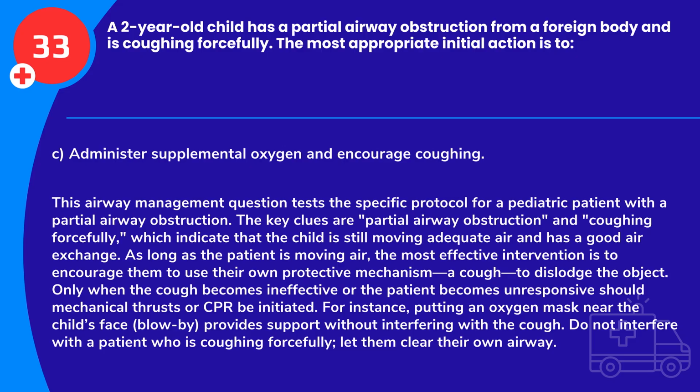As long as the patient is moving air, the most effective intervention is to encourage them to use their own protective mechanism, a cough, to dislodge the object. Only when the cough becomes ineffective or the patient becomes unresponsive should mechanical thrusts or CPR be initiated. For instance, putting an oxygen mask near the child's face, blow-by, provides support without interfering with the cough. Do not interfere with a patient who is coughing forcefully. Let them clear their own airway.